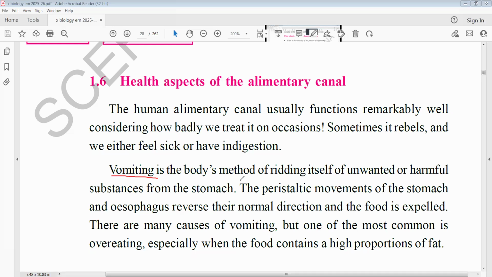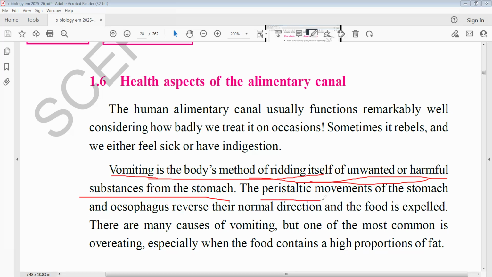If it is not fit for our body, or some change has occurred in the food, we should expel it immediately. Vomiting is the body's method of ridding itself of unwanted or harmful substances from the stomach.